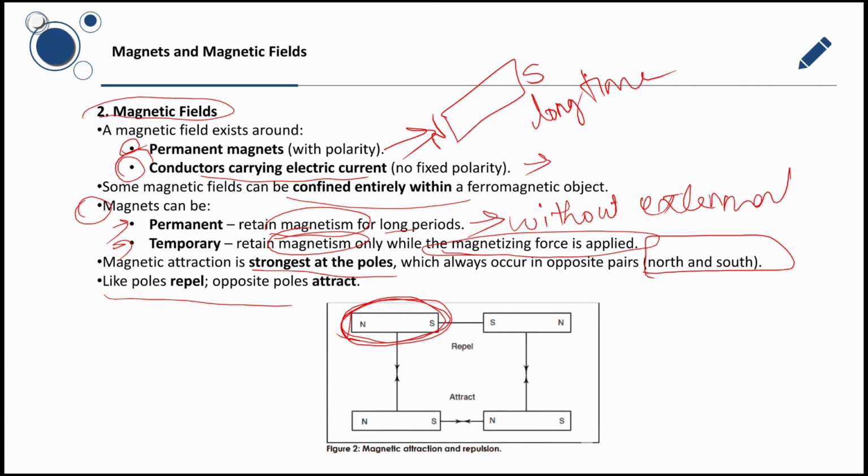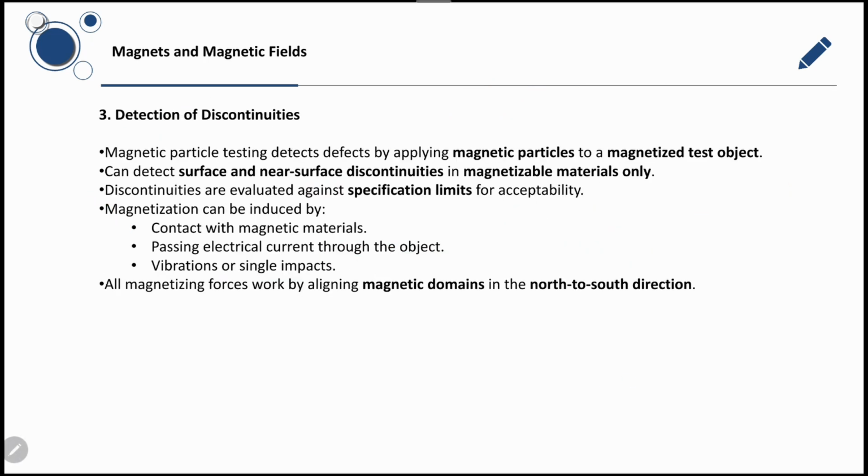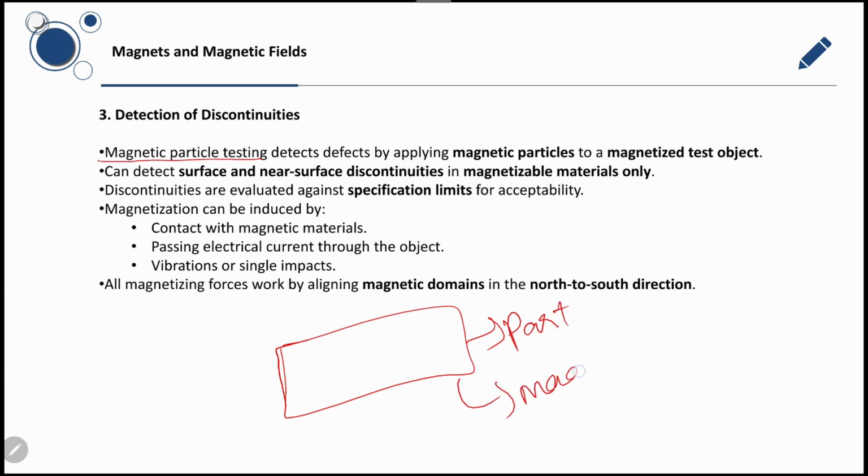The next topic is detection of discontinuities. In magnetic particle testing, the part is first magnetized. Then the magnetic particles are applied to the surface, dry or in liquid suspension.